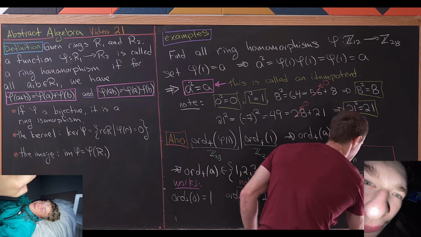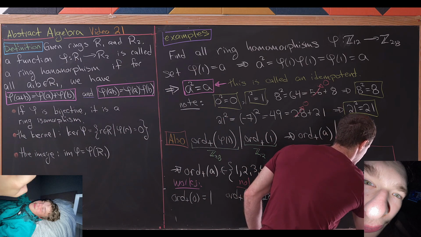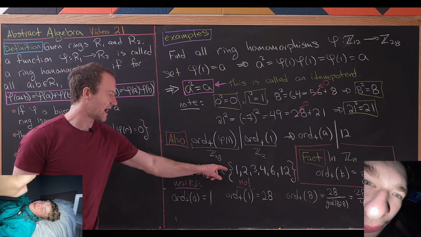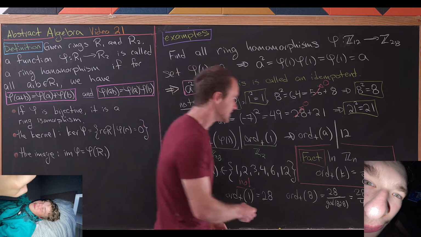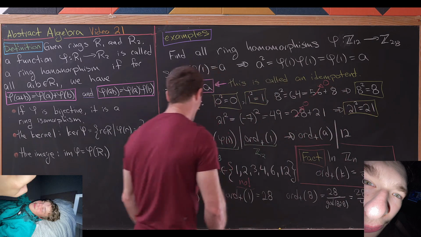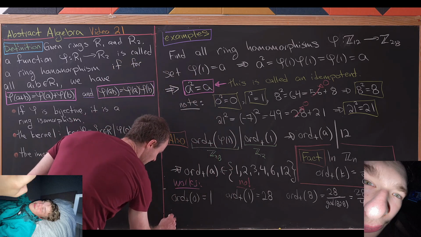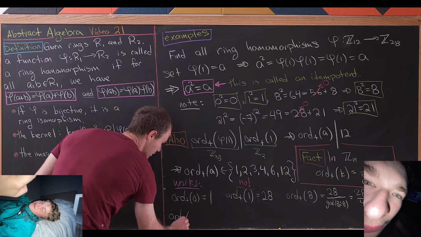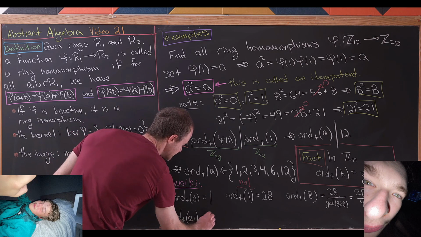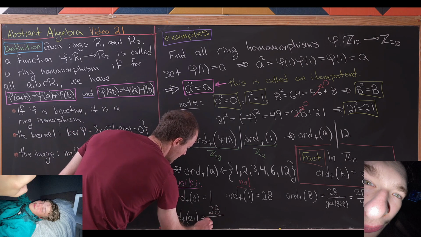So that's 28 over 4, which is 7. But 7 is not a divisor of 12. It did not end up in this list. So this also doesn't work, which gives us one more possibility, and that is 21. The additive order of the last one, 21, is going to be 28 over 7, which is 4.